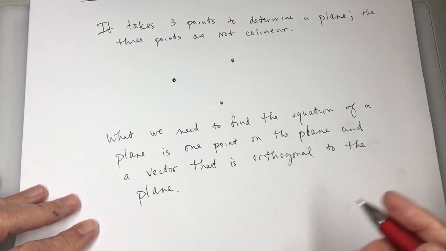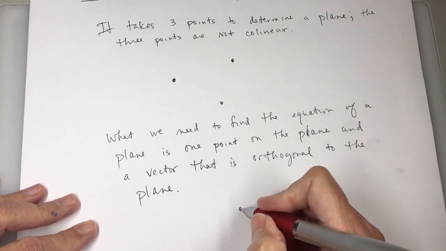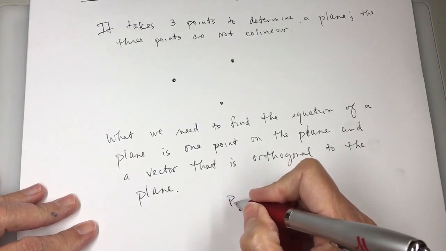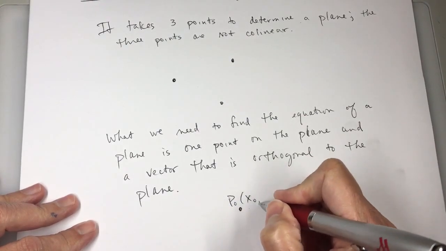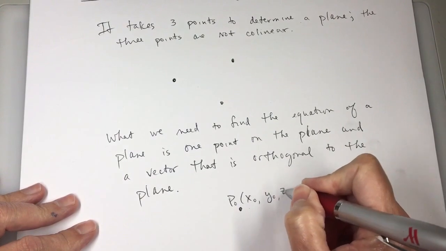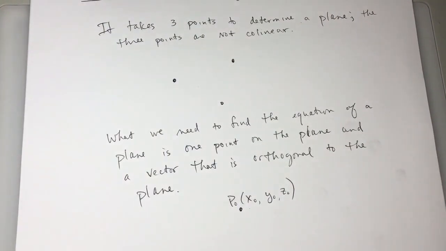And if I draw a dot on my paper, I'm going to call that P sub 0, and it's x sub 0, y sub 0, z sub 0. So they'll give you a point on the plane, like they'll give you the numbers for the x component, the y component, the z component, and then you have to find a vector orthogonal to the plane. Or maybe they've given you that.